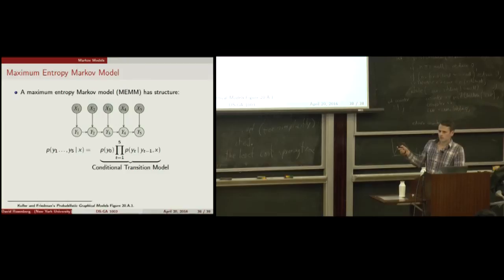Yeah, so it's straightforward. So we have the term for p of y2 given y1. And now we'd also have the term p of y1 given x1, and we'd have the term p of y2 given x2, and p of y3 given x3. Yeah. So we just add in a lot of additional terms that condition on x directly.